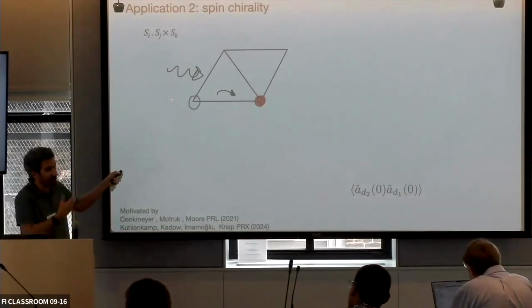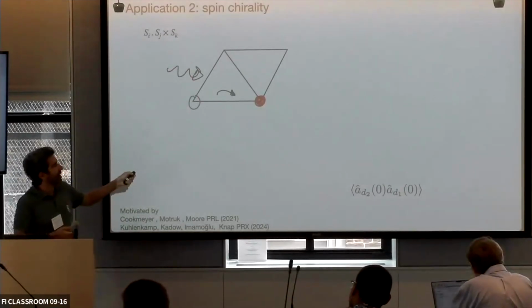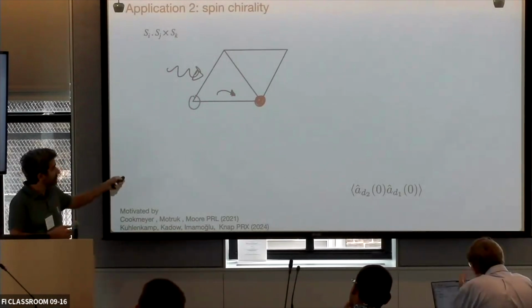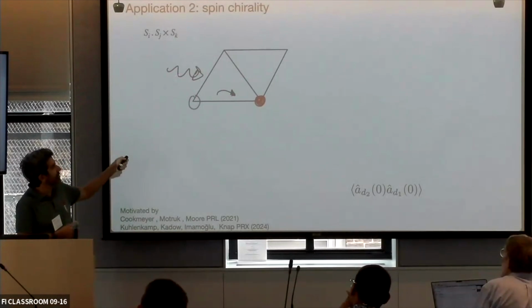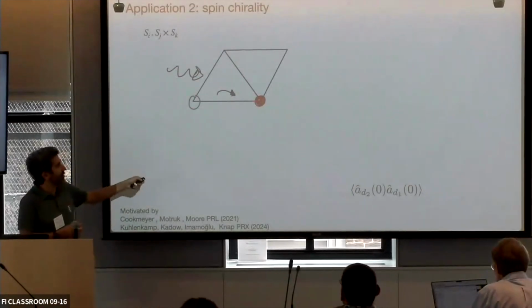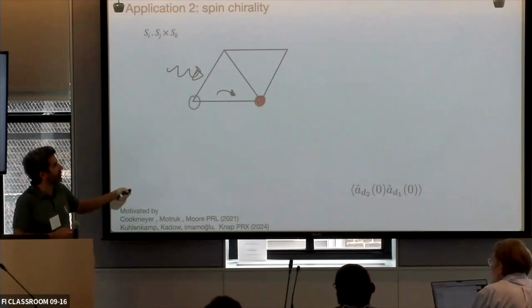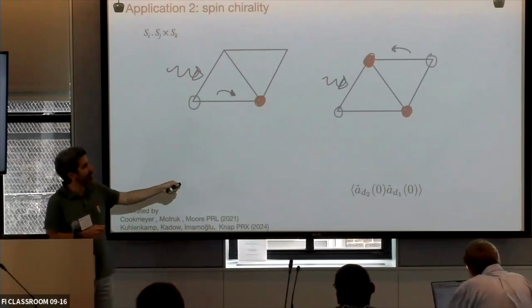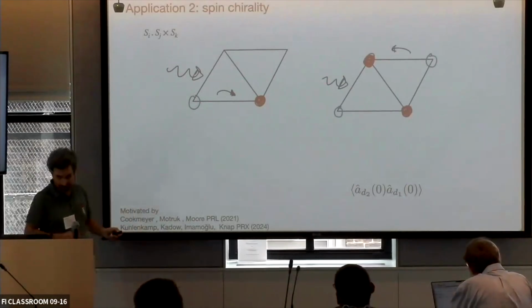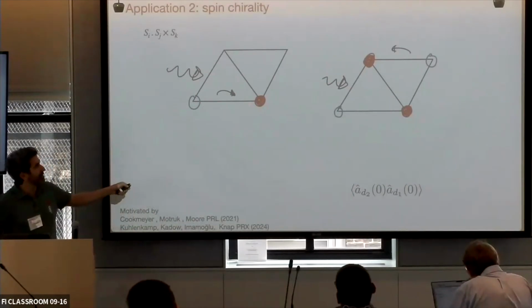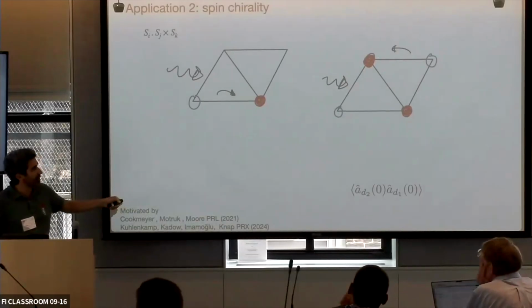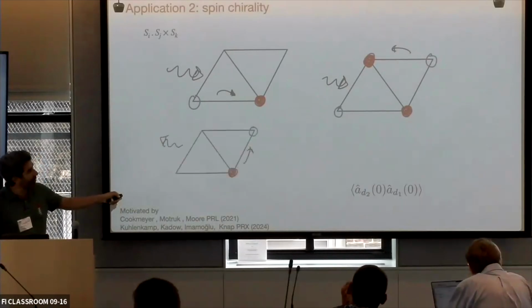So how does this work? Why should it come out? I'm here looking at a triangular lattice, but I could also have done a square lattice. The first photon comes in and generates an electron-hole pair, or a doublon. Then the second photon is absorbed and creates another one over here. Now, these can recombine and emit photons independently, or they can recombine in the opposite direction.